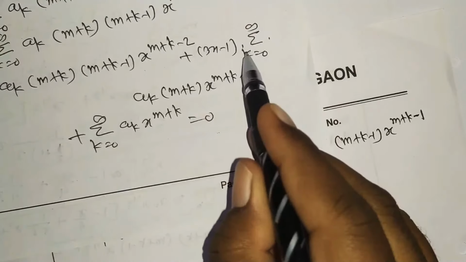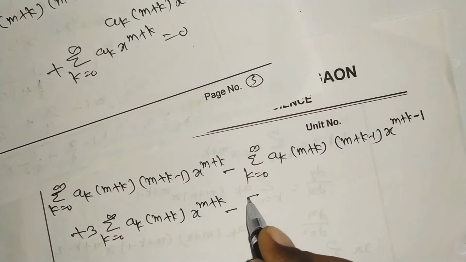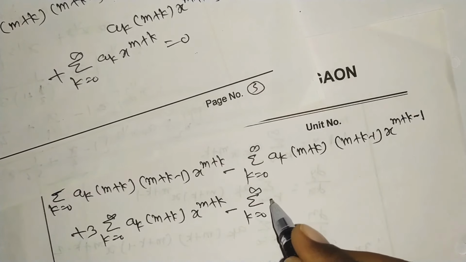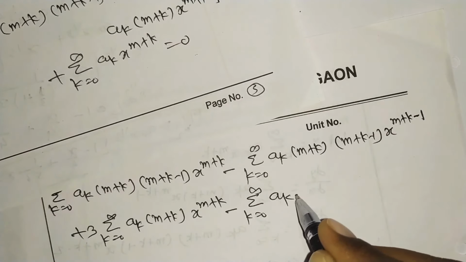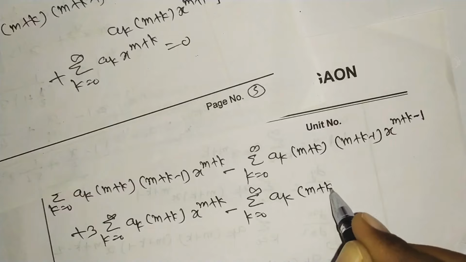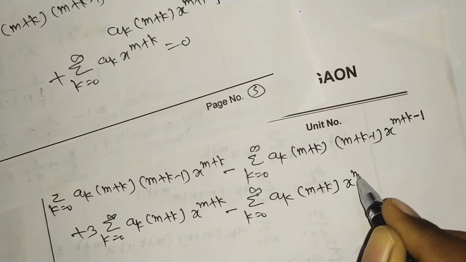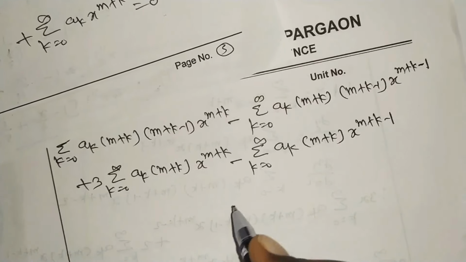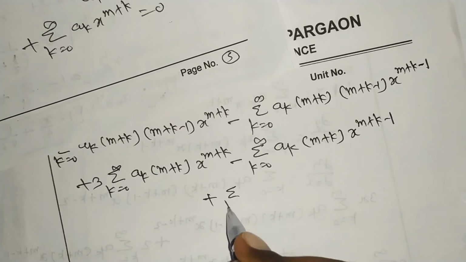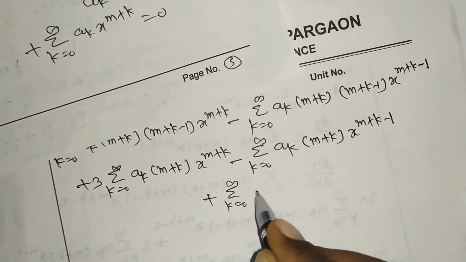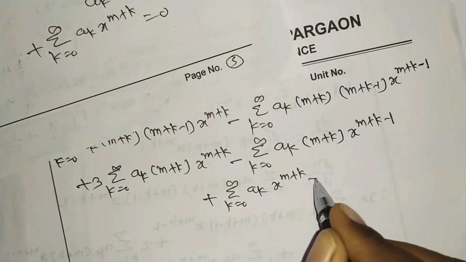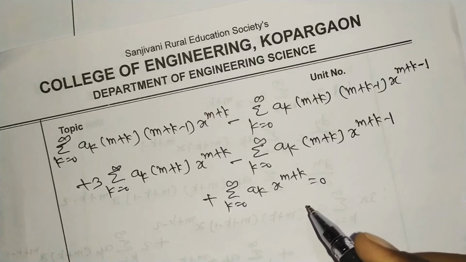And minus 1 into this, that is minus summation of k varies from 0 to infinity a_k (m plus k) x to the power m plus k minus 1, and the last term is plus summation of k varies from 0 to infinity a_k x to the power m plus k equal to 0.